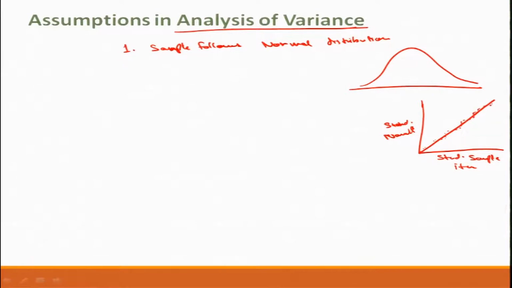If it lies like this, yes, we can say that they are very much following the normal distribution. This is known as the QQ plot. QQ is nothing but the quantile plot.